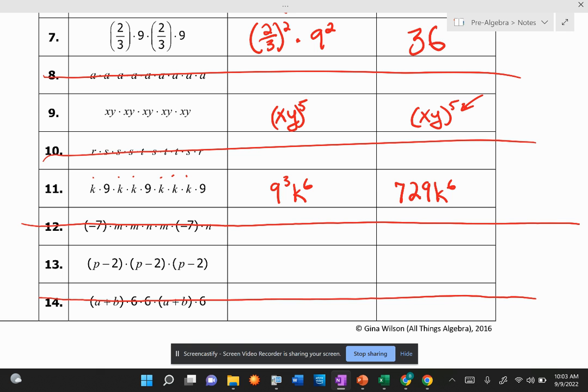And then the last one, you're going to see factors like this in Algebra 2 all the time, which for you will be your junior year of high school. (P minus 2) cubed, or to the third power. Same thing on this one. No reduction.